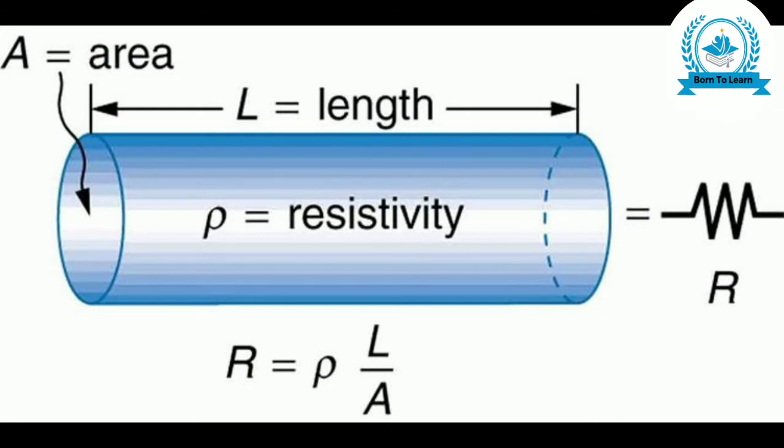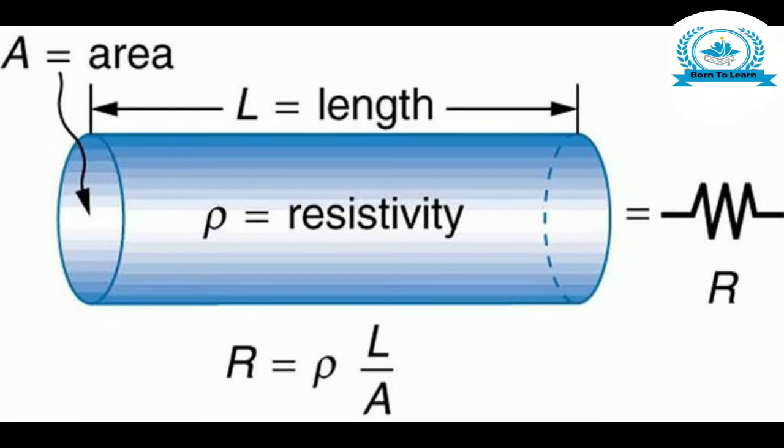The resistivities of alloys are much higher than those of the pure metals from which they are made. For example, the resistivity of manganin, which is an alloy of copper, manganese, and nickel, is about 25 times more than that of copper, and the resistivity of constantan, which is an alloy of copper and nickel, is about 30 times more than that of copper metal.